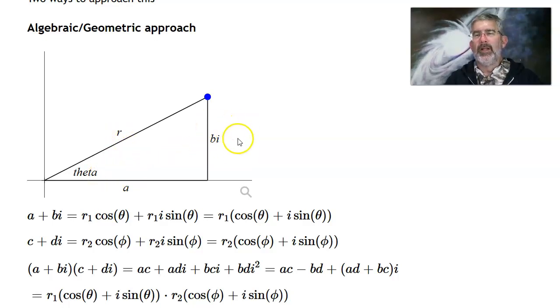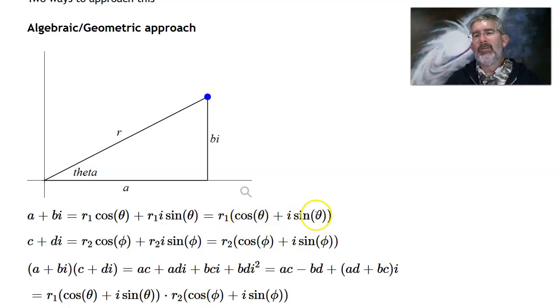The length of the other side is the radius times the sine of the angle. So the real component would be r1 times the cosine of theta, and the imaginary component would be i times r1 times the sine of theta. It is quite often the case that we write this by factoring out the radius, so it's the radius times cos theta plus i sine theta.